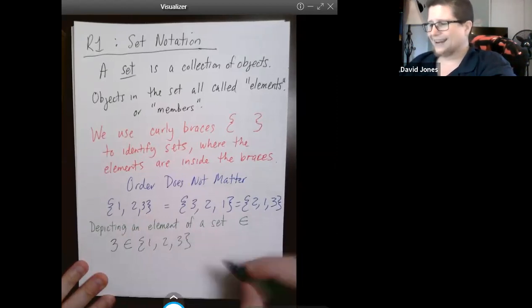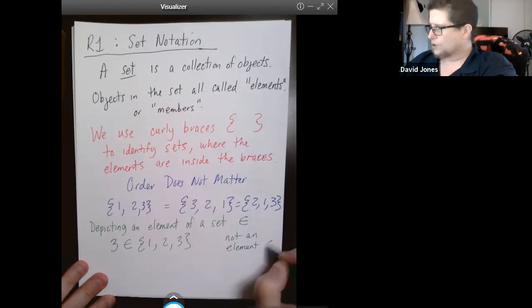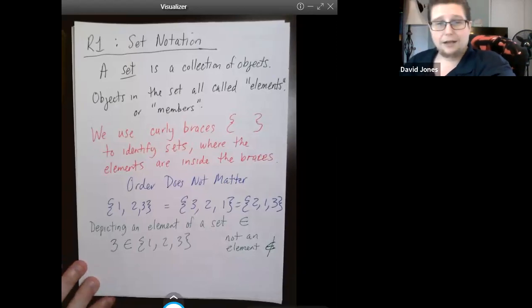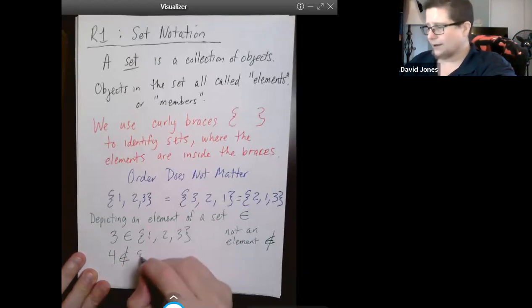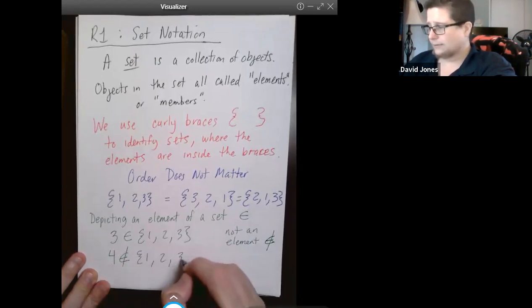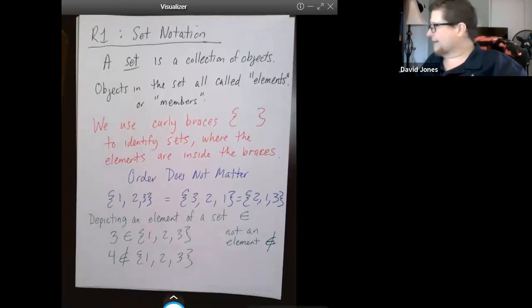And then if we want not an element, we're just going to put the little cross out symbol, like the Ghostbusters sign. So 4 is not an element of {1, 2, 3}. Okay. Pause, leave that up for a second so you can finish writing. You might pause it so you can do so.